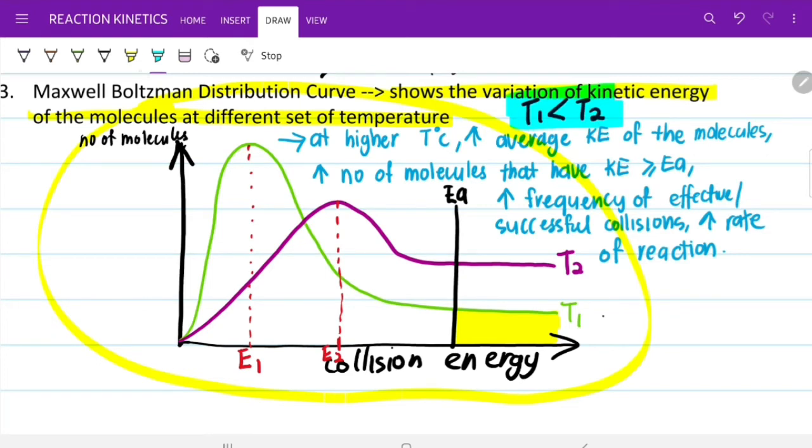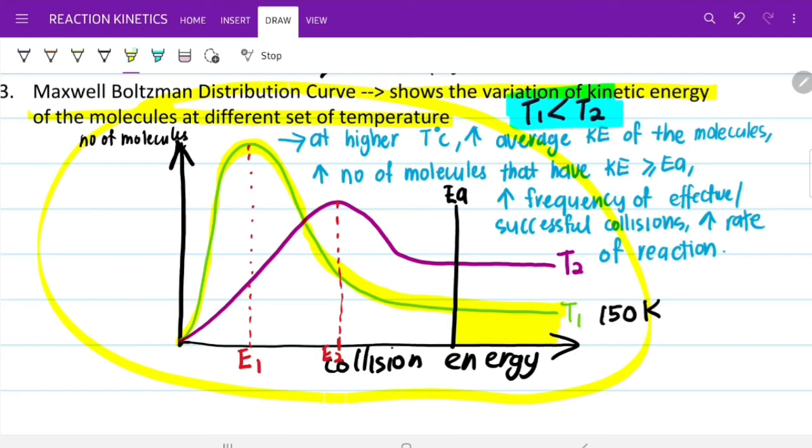The green line here refers to the distribution curve at T1, a lower temperature, such as 150 Kelvin.